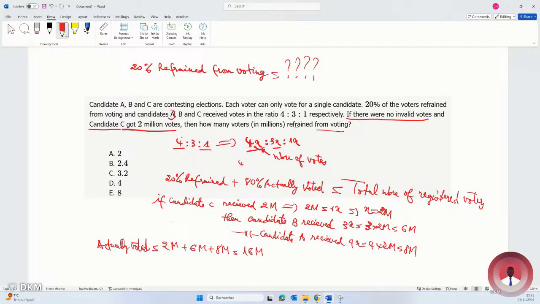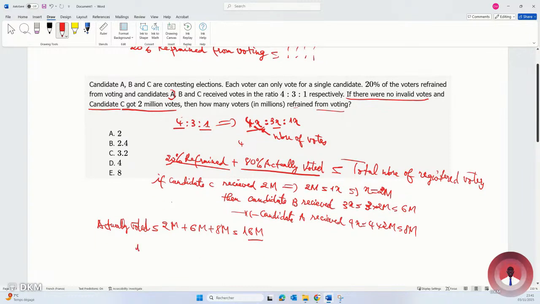And this 16 million is representing 80% of the voters that were actually registered. Now, if we have this, we can find the 20% who refrained. So 16 million is equal to 80%.